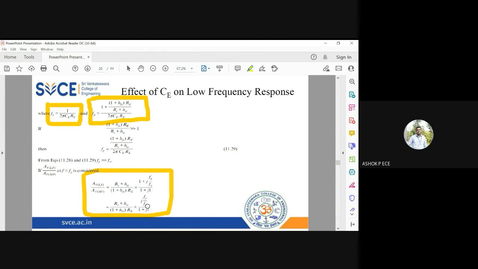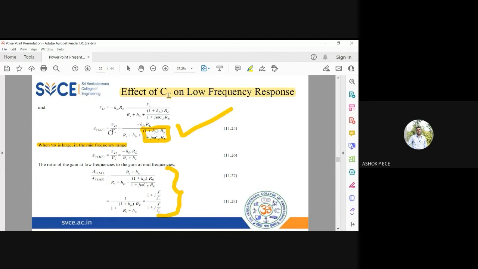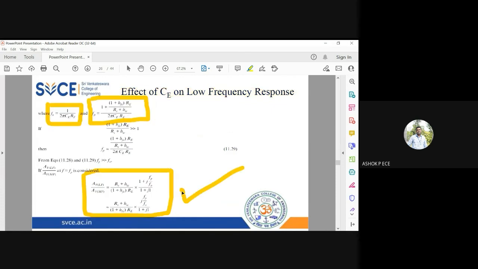So you may even remember this expression for comparing the effect of CE on the low frequency response. All the intermediate steps can be neglected. You can write till AVLF, AVMF, divide them and finally write this expression. Simplification is just not required.